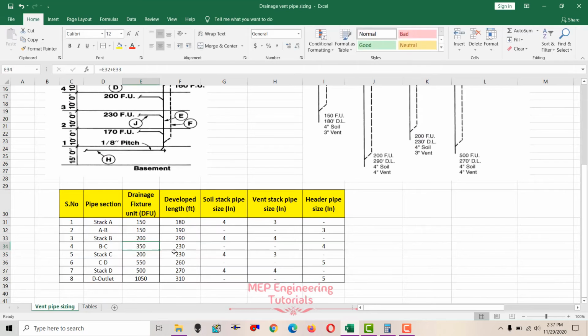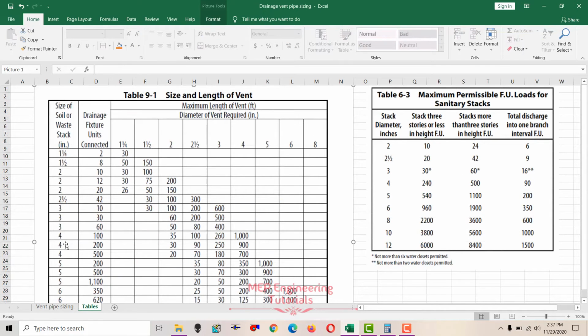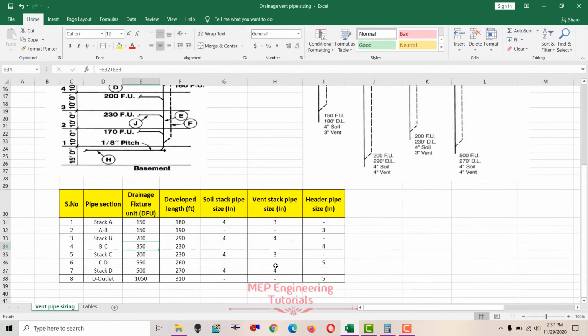So with 4 inches we have to check developed length 230 and 350 fixture units. 350 fixture units is in between, so we'll go for the higher value 500, and developed length is 230. 230 is between 180 and 700. We'll go for the higher value 700 and check the vent pipe size is 4 inches. So the header vent pipe size B to C is 4 inches.